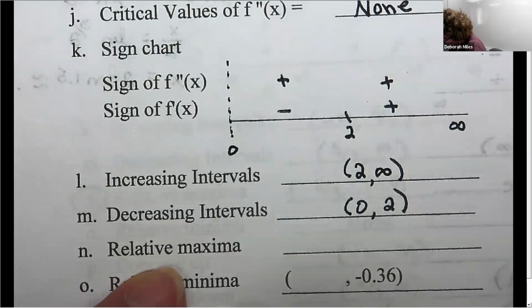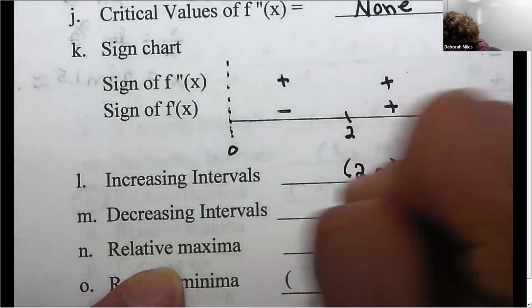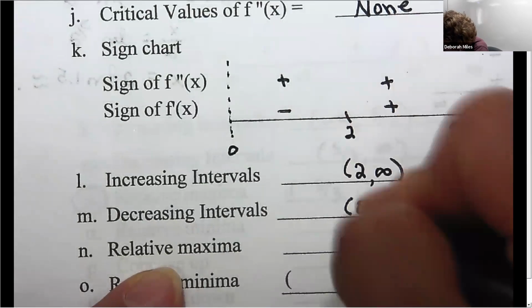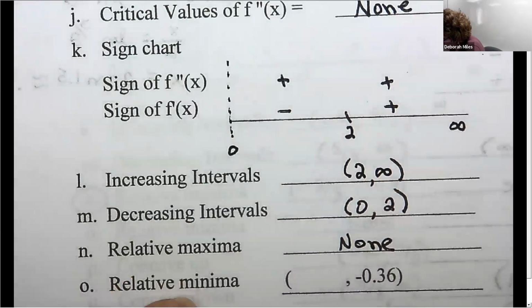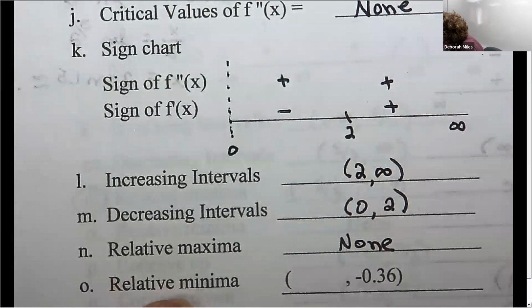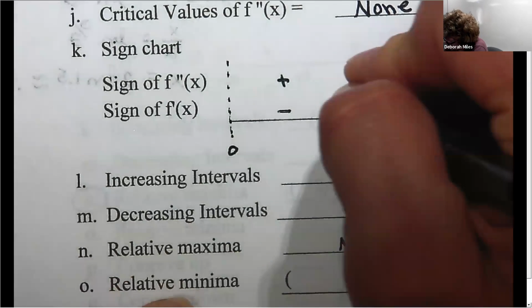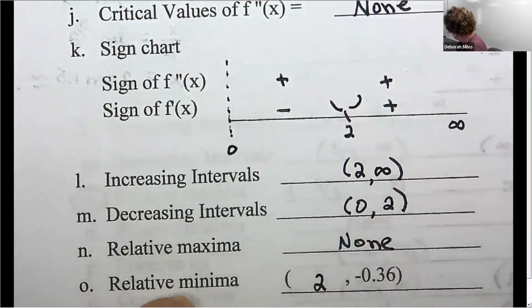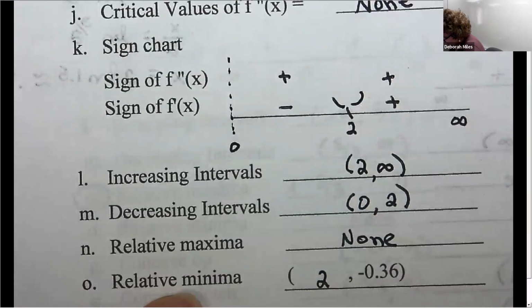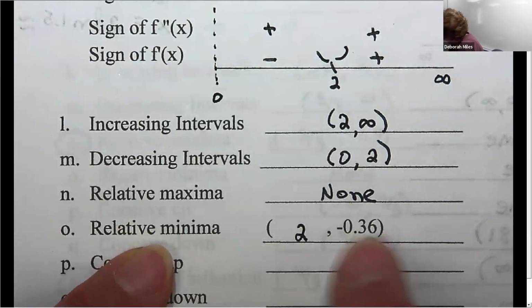Where the first derivative changes from positive to negative, and there isn't any place on the sign chart where the first derivative changes from positive to negative. What about relative minimum? There is a point where the function goes from decreasing to increasing, and that's 2. I just got a decimal approximation for that y value. Where did I plug the 2 to get that negative 0.36?